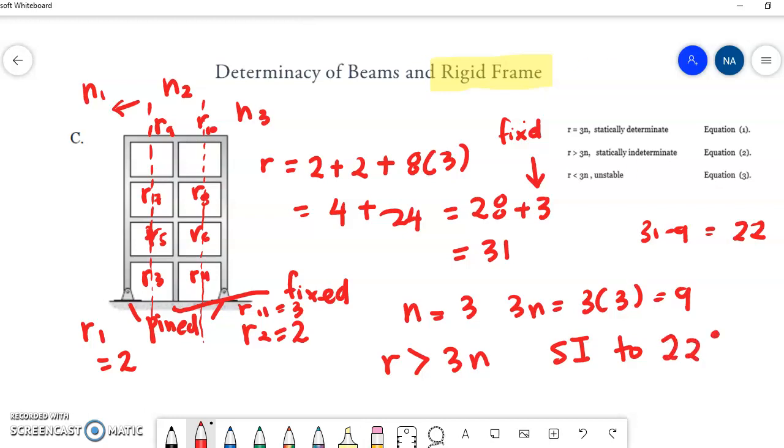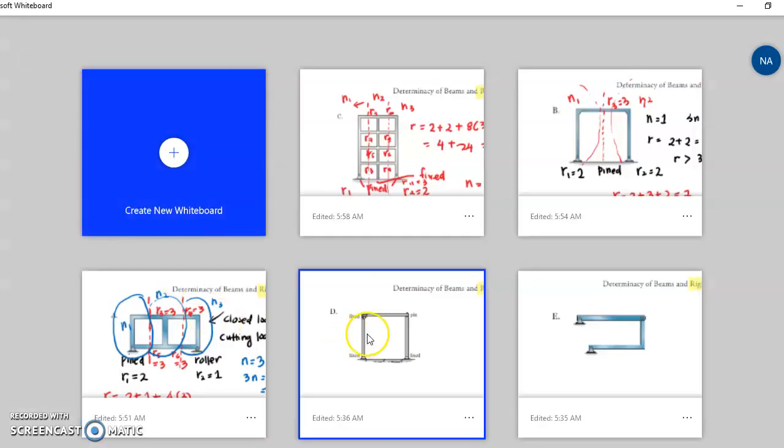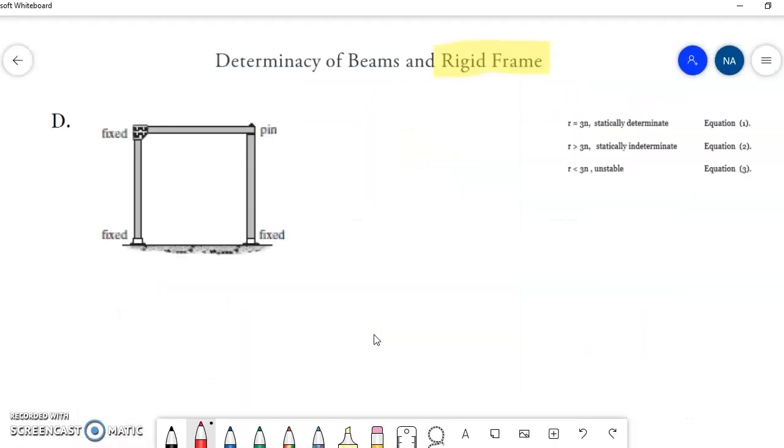Okay, so let's see another example. Maybe the last example for this video. This shows us that it's totally split. The members are already separated by the supports.